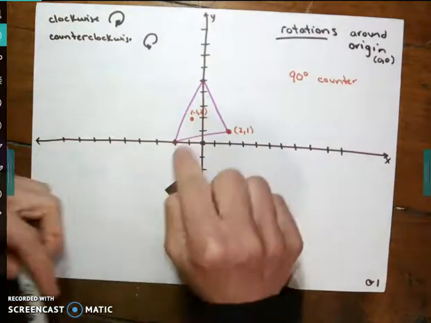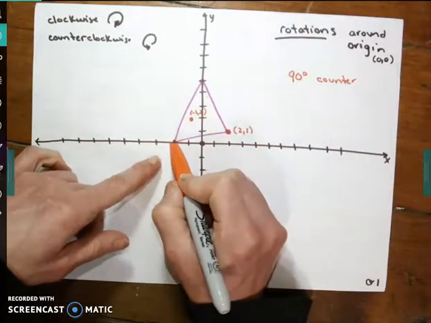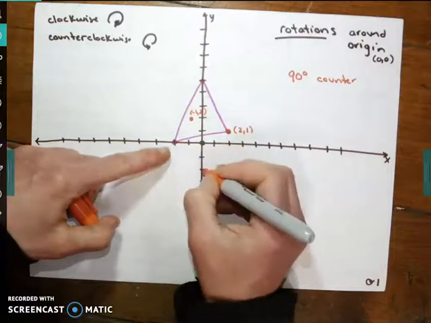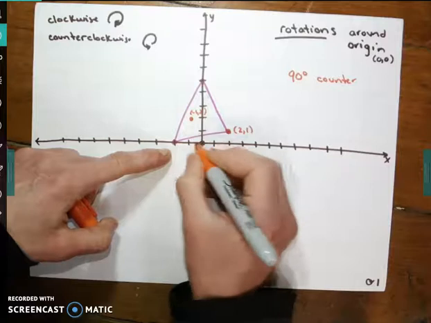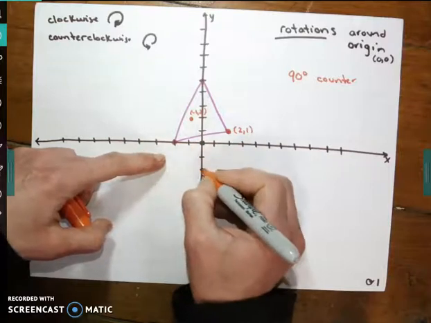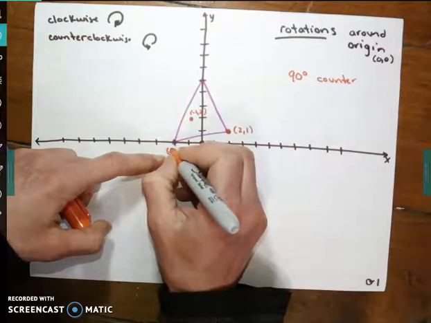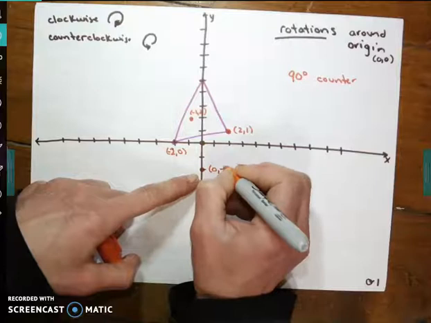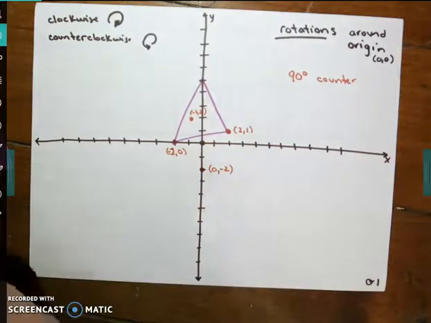Interesting. So now let's take this point and rotate it 90 degrees counterclockwise. Where does that one go? Well, just go 90 degrees, rotate, it ends up here. So -2, 0 now is at 0, -2. Interesting.